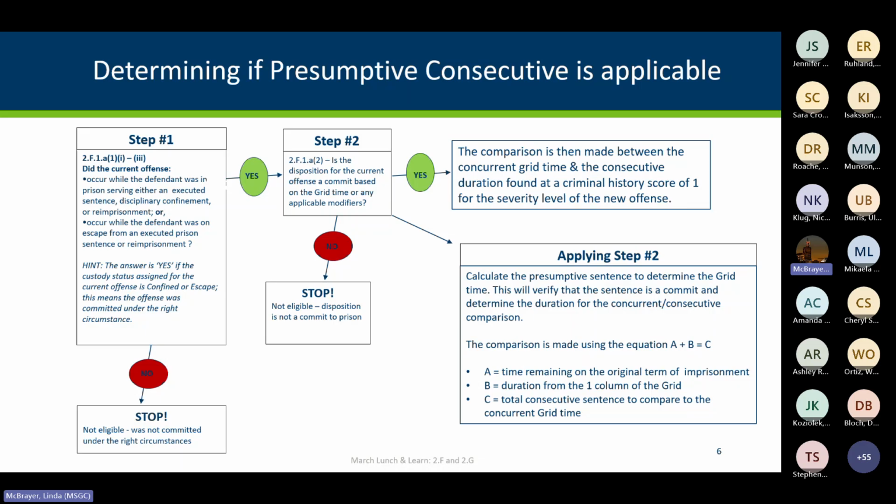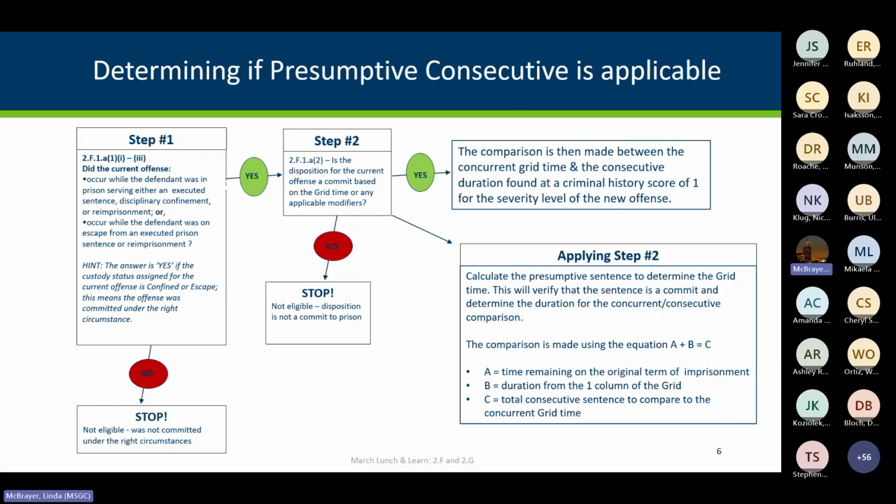If you're assigning probation or something else, they're not eligible at all for presumptive consecutive sentencing. So step one, establish the type of custody they're under.